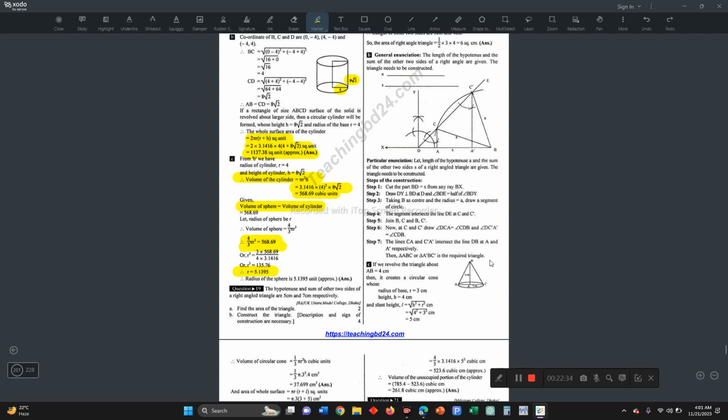Most of the time, there is a cylinder and then a sphere comes into it and is inserted into it, and anyhow we have to determine the parameters of the solids, like volume of the cylinder, or surface area, or the volume of the sphere, or the base area of the sphere, or the base area for the cylinder, curved surface area, total surface area, volume of the cylinder, volume of the sphere.